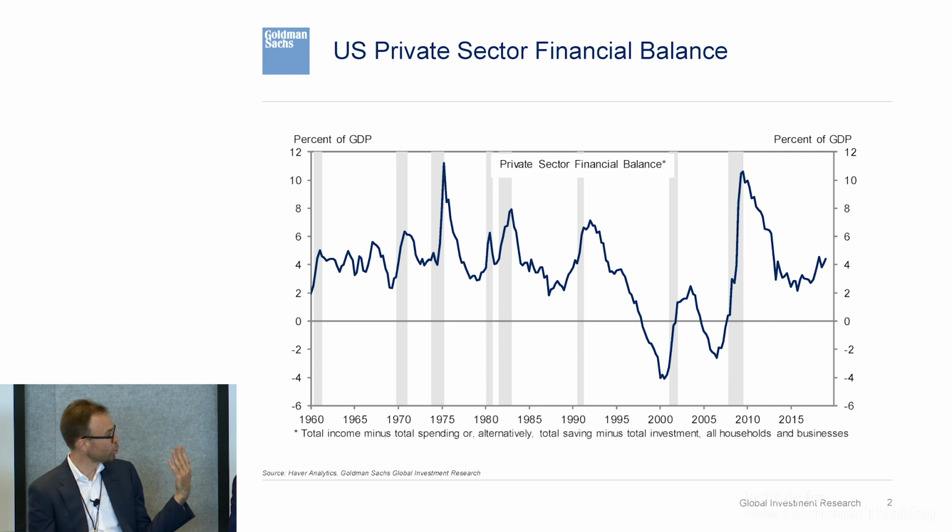So I think it's a very intuitive kind of yardstick of whether households and firms are spending too much relative to their income. When the private sector balance is negative, that means spending exceeds income, and that difference has to be funded with basically net debt accumulation, and often that ends badly. And I would say there are other flow measures of debt growth, and these are fairly highly correlated.